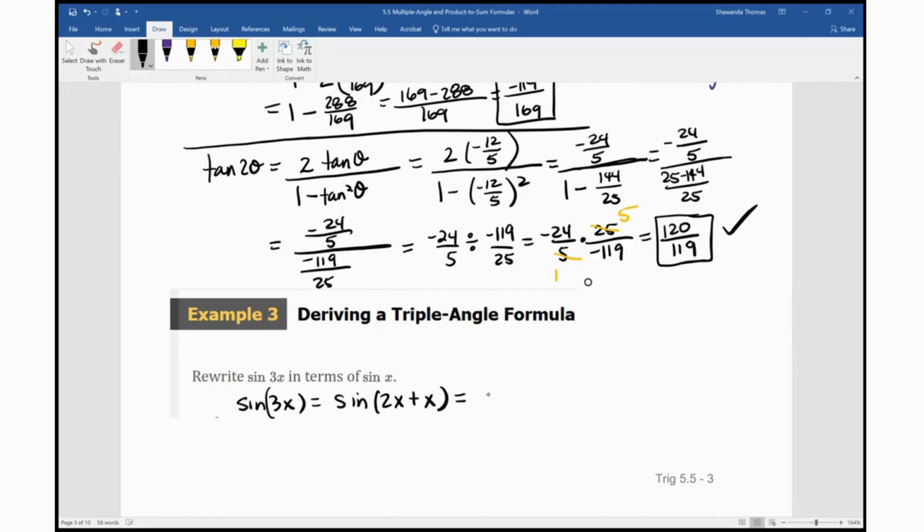If we say this is u and this is v, we follow that formula: sine of u, which is 2x, times cosine of v, which is x, plus cosine of 2x times sine of x. Okay, so that's the sum formula.